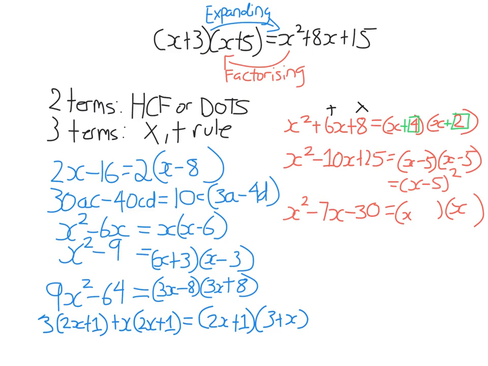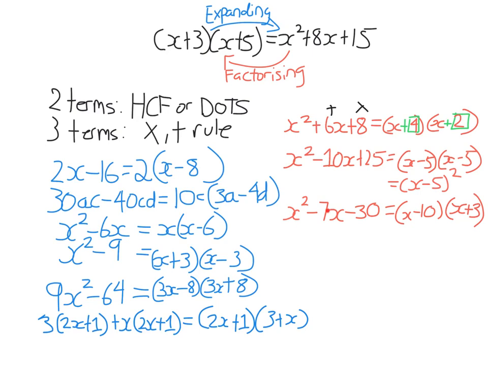So 30 and 1 doesn't work. 15 and 2 doesn't work. 10 and 3 does work. How would I make 10 and 3 a negative 7? Well, what I'd do is I'd make it a negative 10 and a positive 3. So that works because minus 10 times 3 is negative 30, minus 10 plus 3 is negative 7.